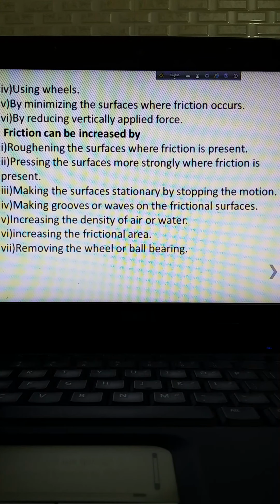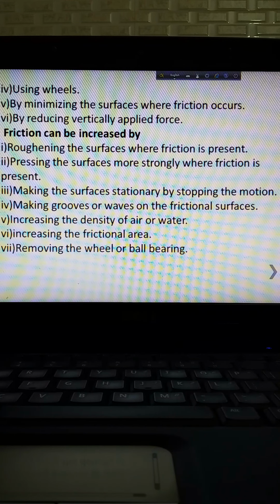So on the contrary, if we apply much pressure on the surface, then friction will be increased. Our third point is making the surface stationary by stopping the motion. If the two contacting surfaces are maintained in a stationary position, then we can increase the friction.